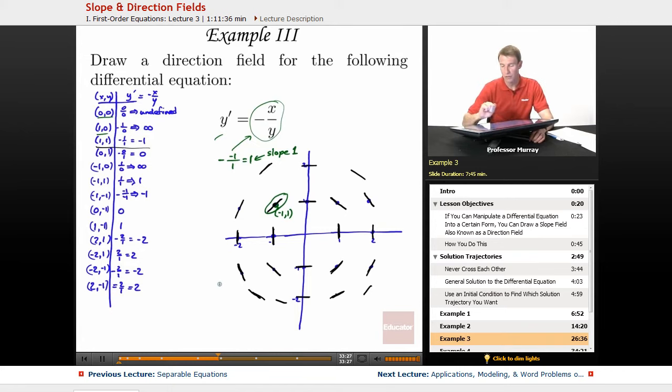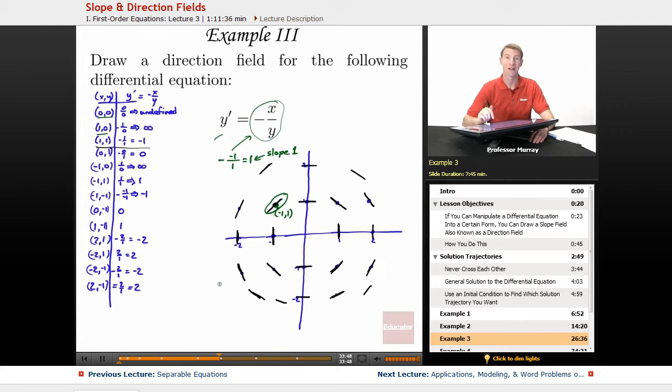And then I just went through the different places all over the plane. For each place, I took an x and a y, my x and y coordinates, I plugged them in, I got a slope, and then I drew a little hash mark with that slope. So I get this direction field. In the next example, we're going to use this direction field to try to draw some solution trajectories.